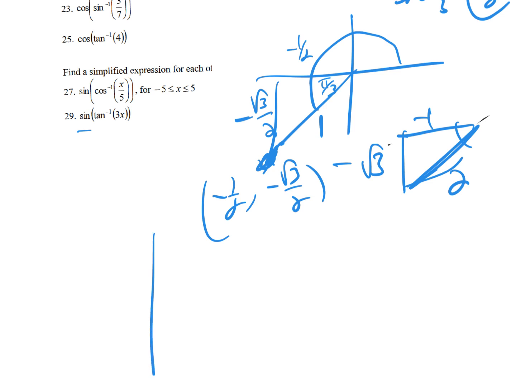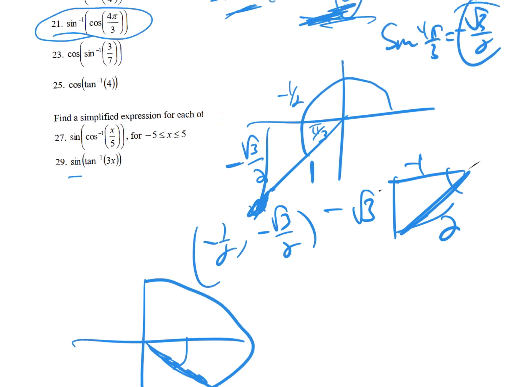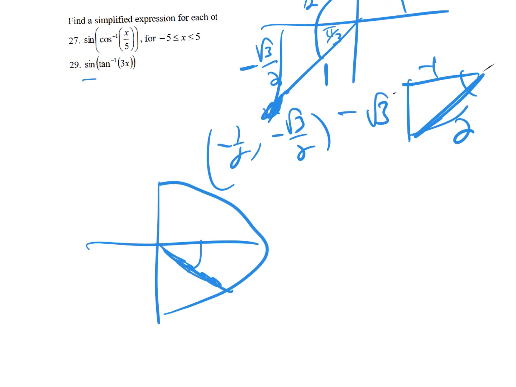And we're going to ask ourselves, on this part of the unit circle, when is the sine equal to negative root 3 over 2? And that, of course, being a negative angle, will have to be like this. Let me go up and look at the problem. Sine, arcsine, right? So I'm going on sine.